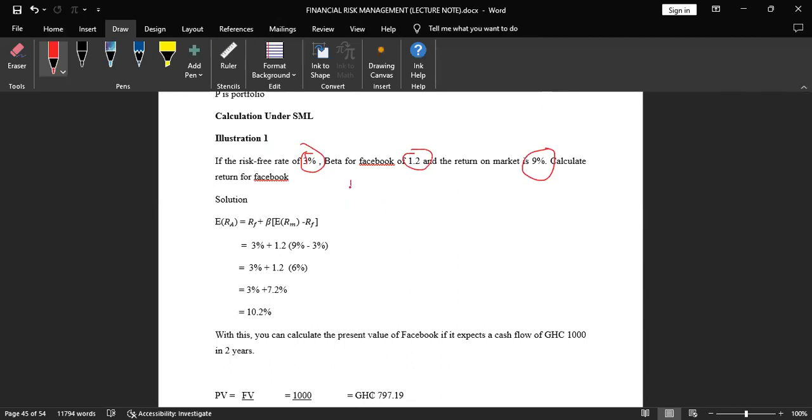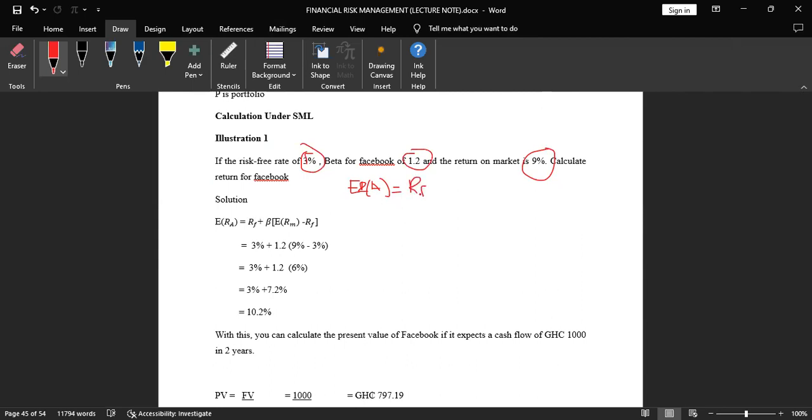Now in the formula, it is the return or expected return on the asset you invested in or the portfolio, but this one is Facebook. So the return on the asset equals, I hope you can see it.